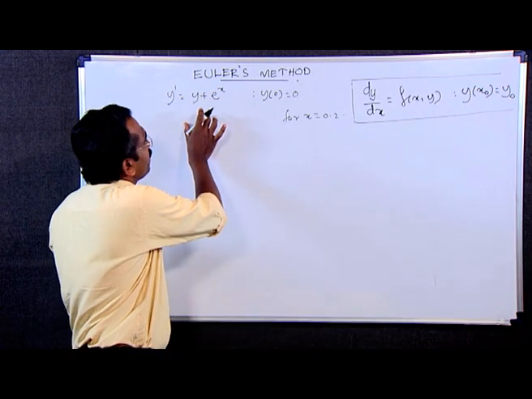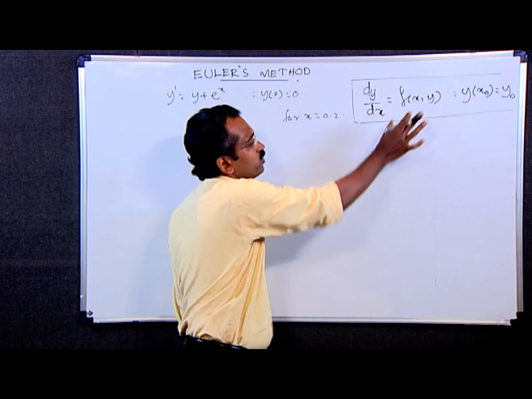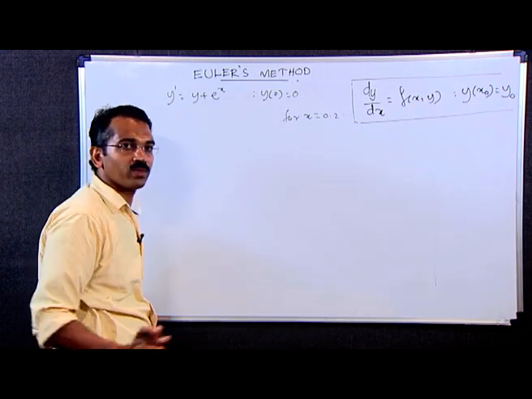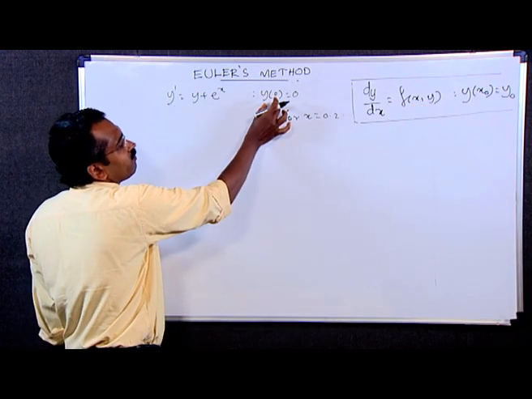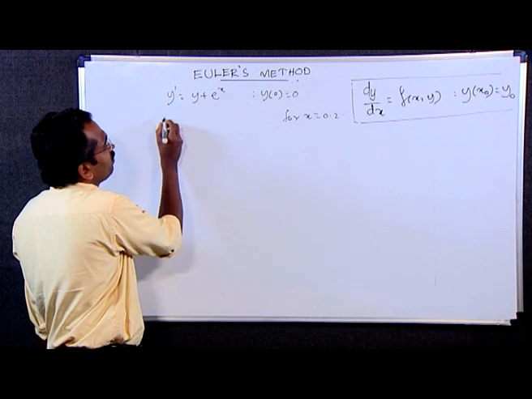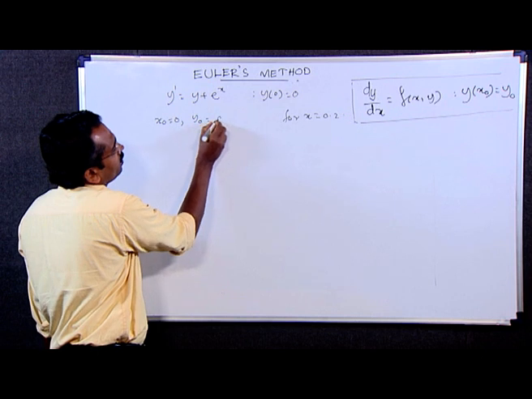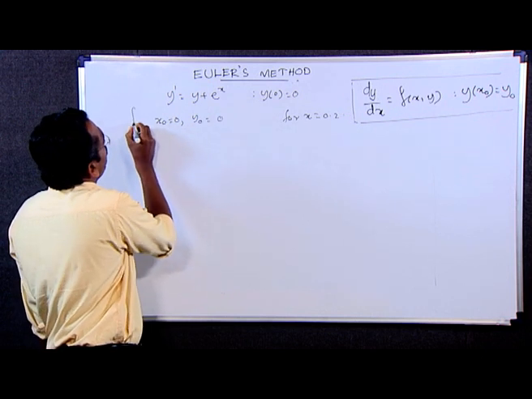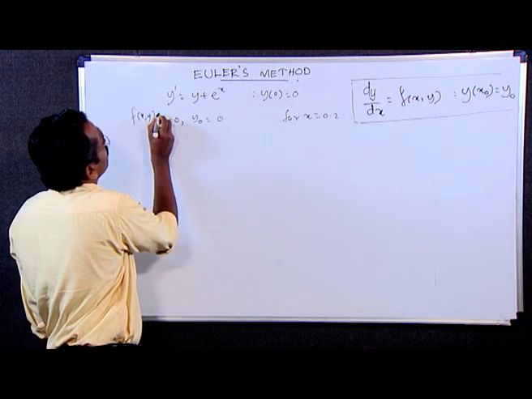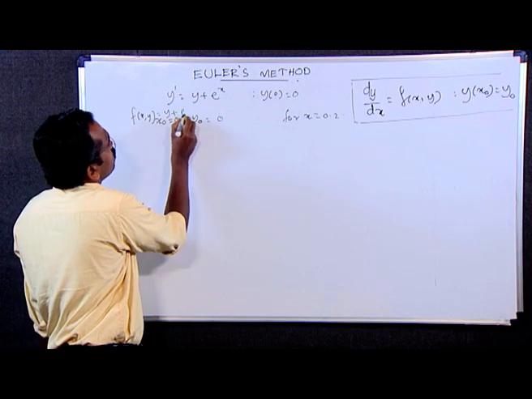The given differential equation is of the form dy by dx is equal to f of x y. Here y of 0 equal to 0, which means that x naught equal to 0 and y naught equal to 0. Here f of x y is y plus e raised to x.